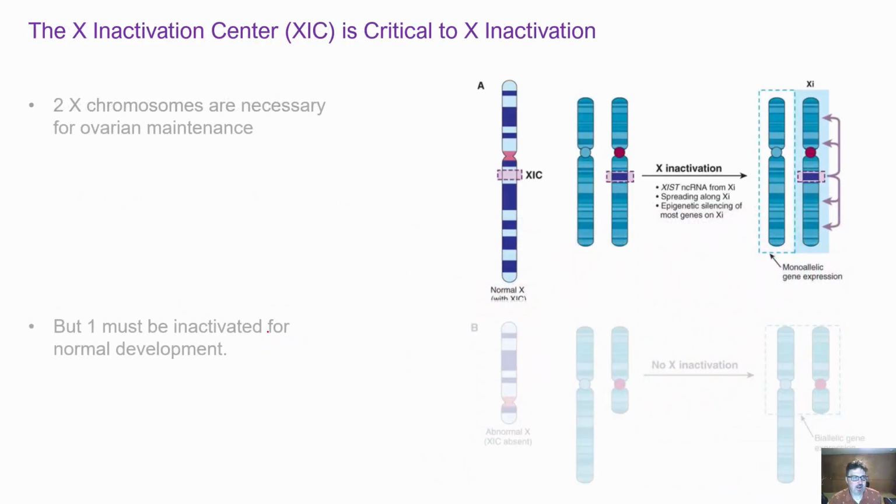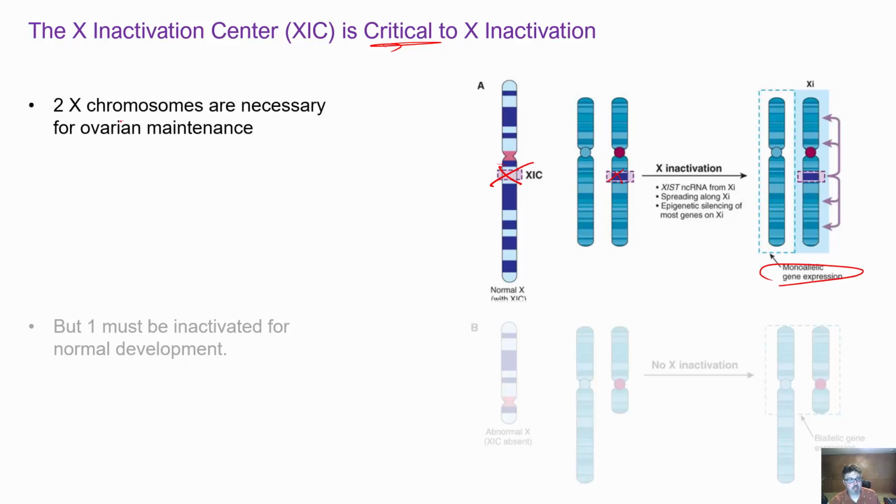Now, one thing to keep in mind, guys: in order to inactivate the X chromosome, we need the X inactivation center. There's an actual center, a part of the gene that is responsible for inactivating the X chromosome, and this is critical for X inactivation. When we have that gene, you get inactivation of that X, and now you just have monoallelic expression of the opposing X chromosome.